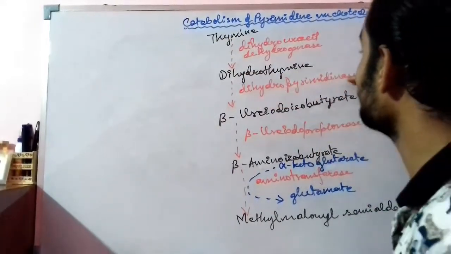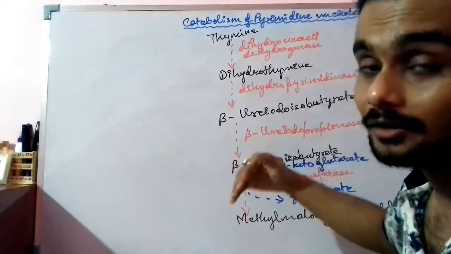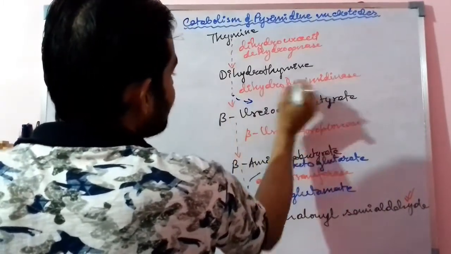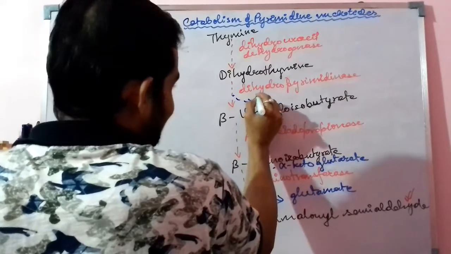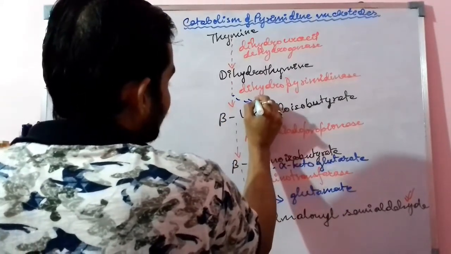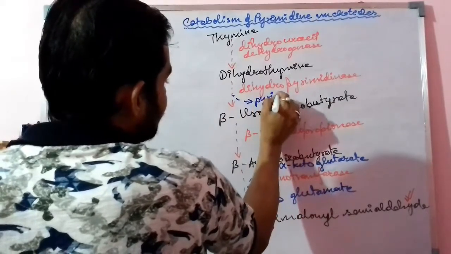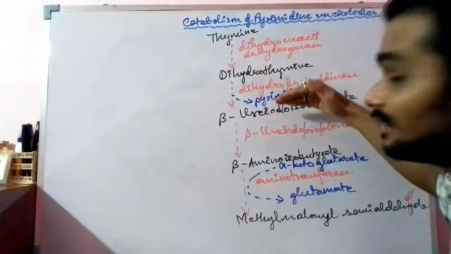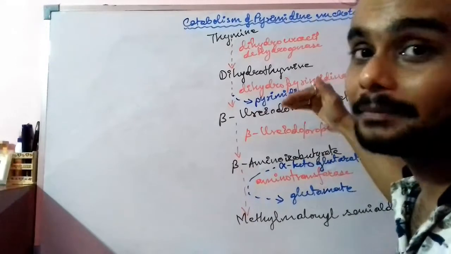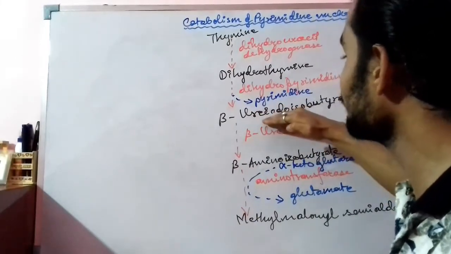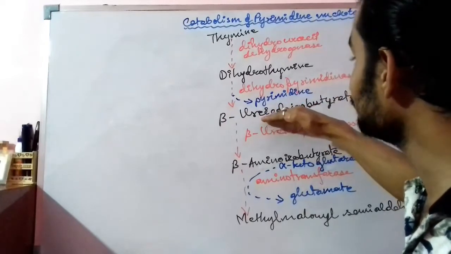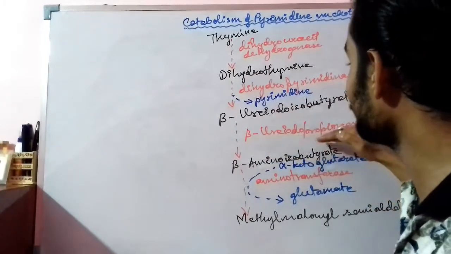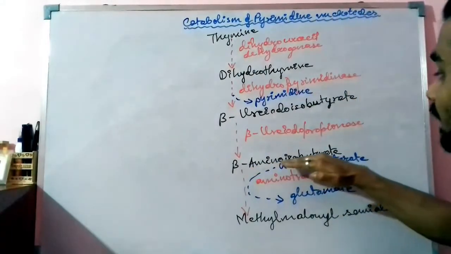The dihydrothymine in the presence of dihydropyrimidinase has the pyrimidine ring opened, with the amino group removed, and forms beta ureidoisobutyrate. Now this beta ureidoisobutyrate, a derivative of dihydrothymine, in the presence of beta ureidopropionase helps in the formation of beta amino isobutyrate.